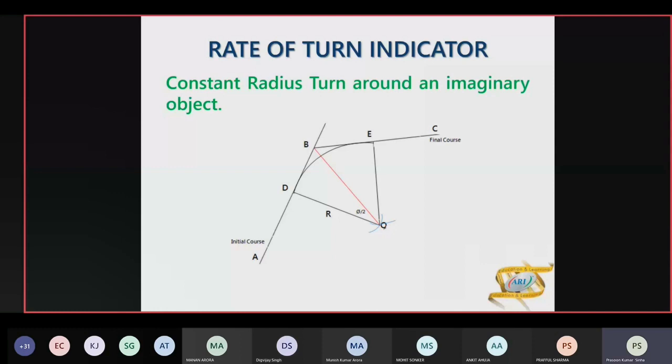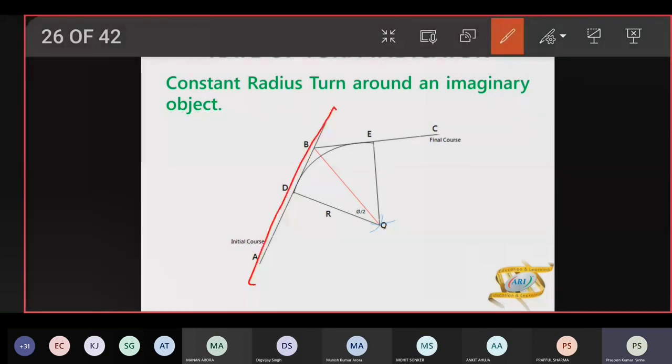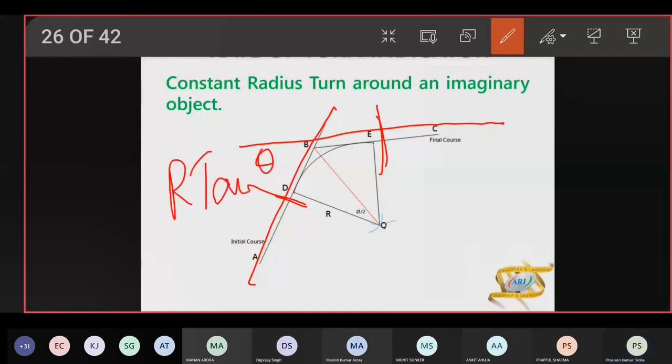As we have already understood, our first step is to draw the initial course, then the final course. On that, we cut two segments of r tan theta by 2. We cut these two points from here. Where these cut, that is our center.